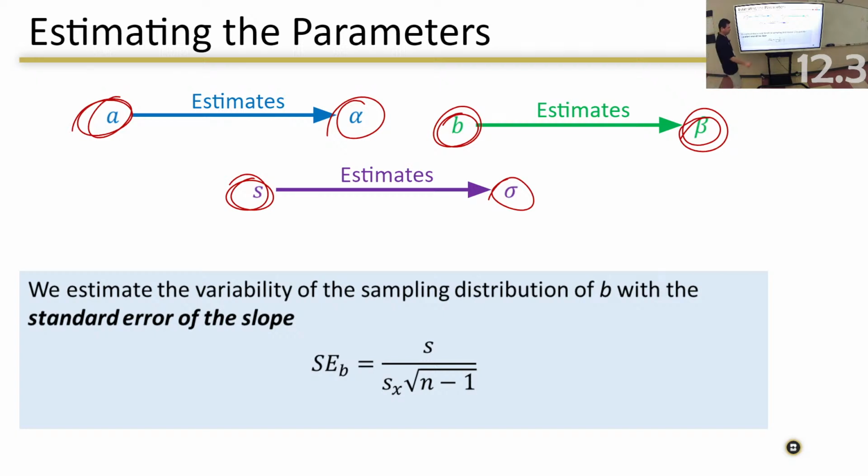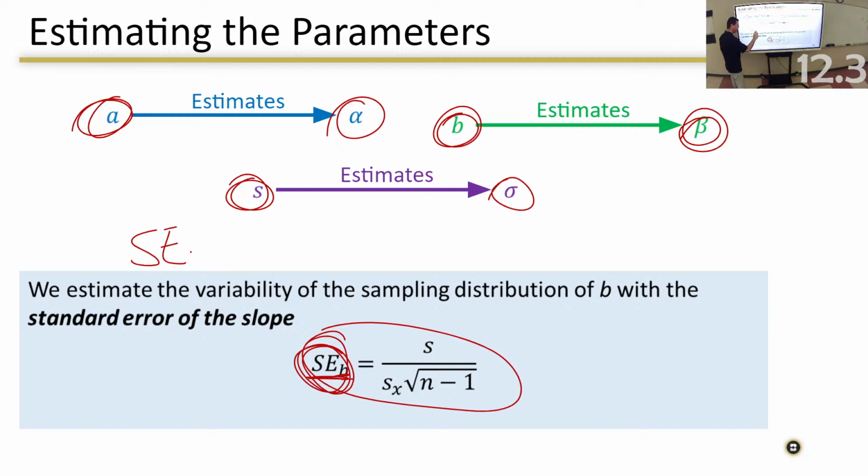Okay? You don't need to know this formula. You just somewhat need to know S, the standard error sub B, just the notation: S, E, sub B. This is the standard error of the slope. Very few times are you actually given the standard error.